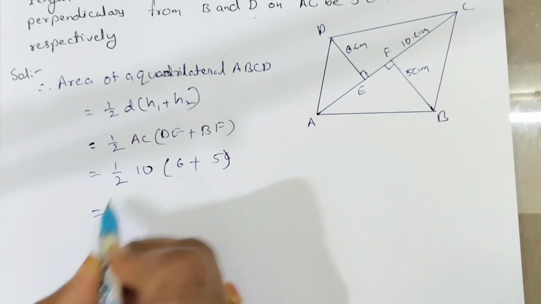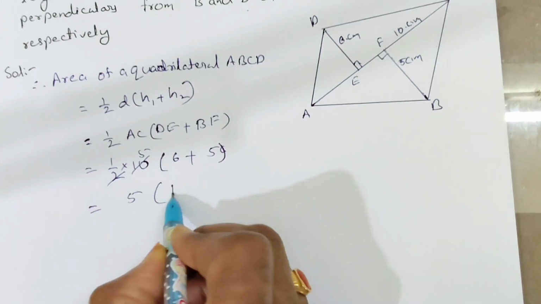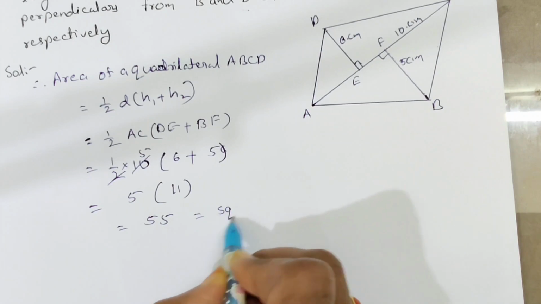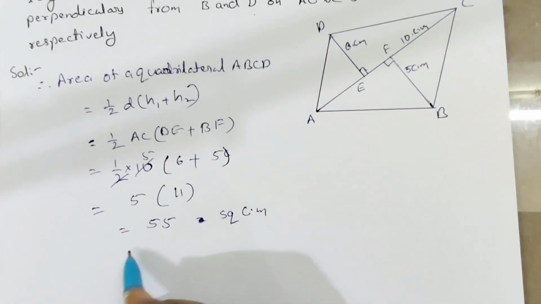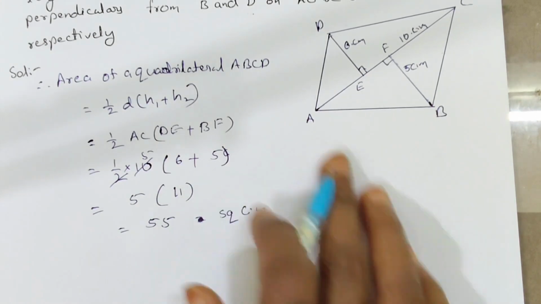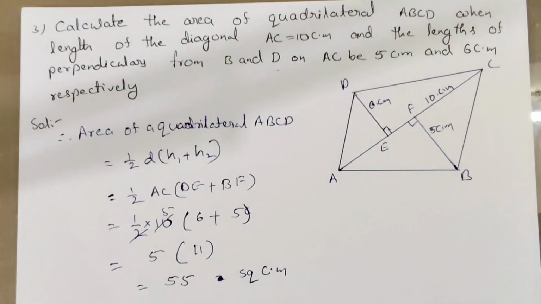So 2 1s are 2, 5 into 6 plus 5 is 11, 5 into 11 is 55. So 55 square centimeters is the units. 55 square centimeters is the area of quadrilateral ABCD.